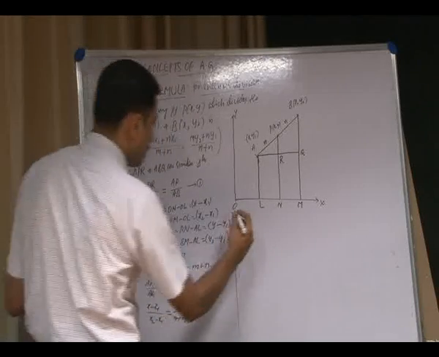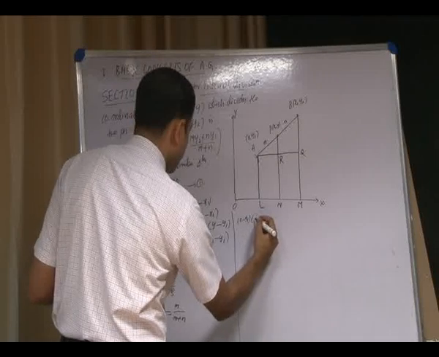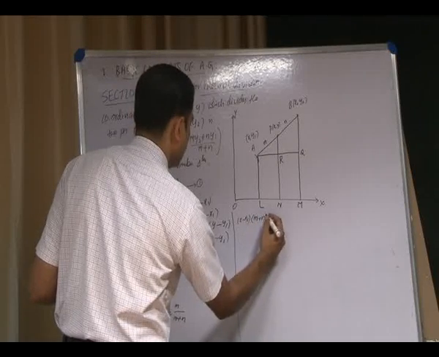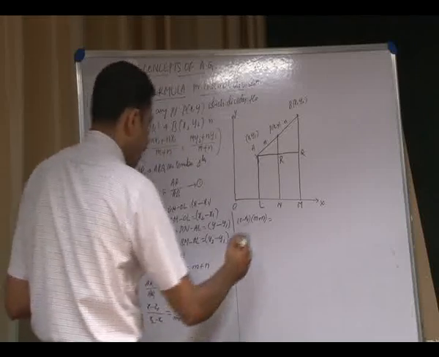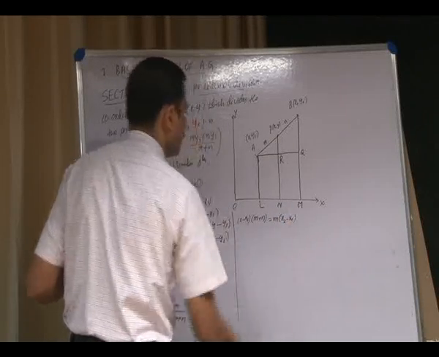Cross multiplication means x minus x1 into m plus n is equal to m into x2 minus x1.